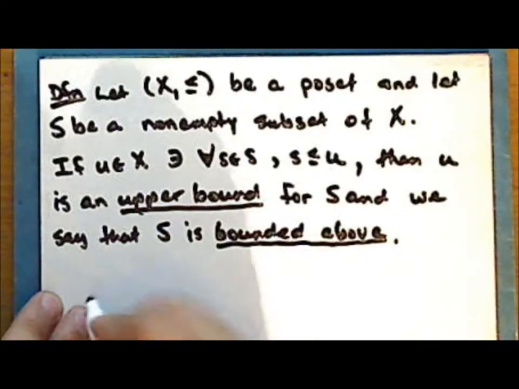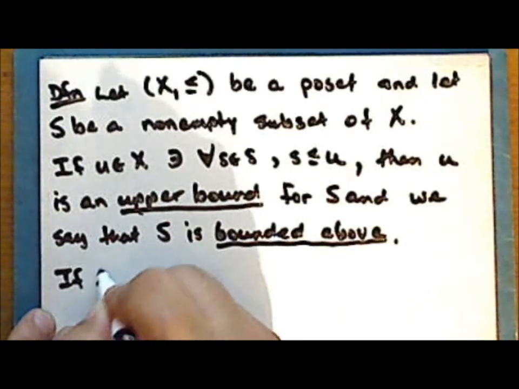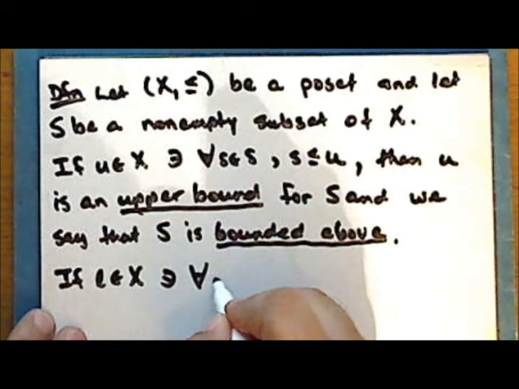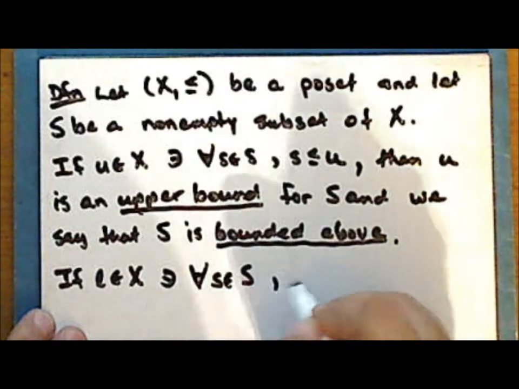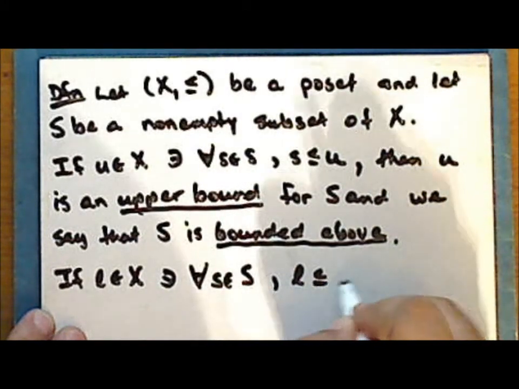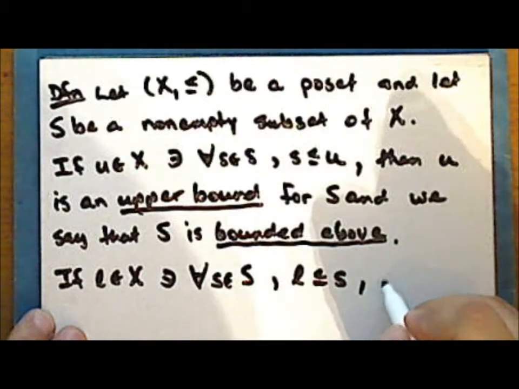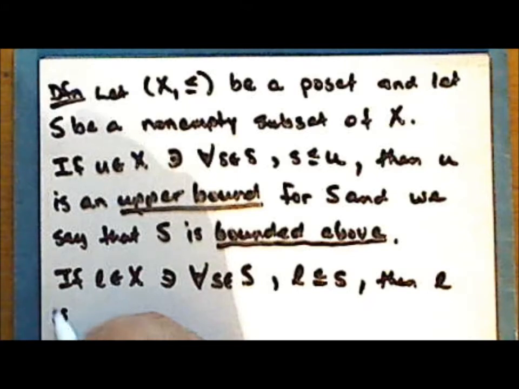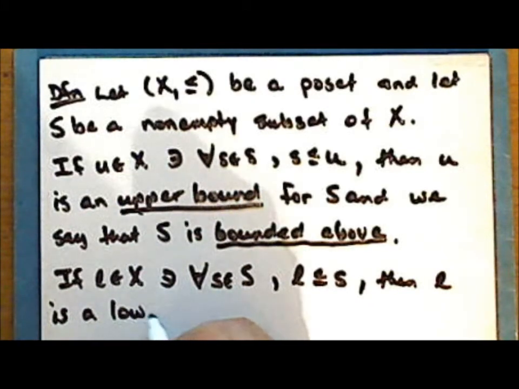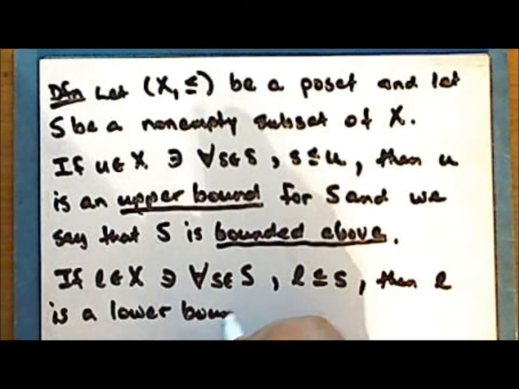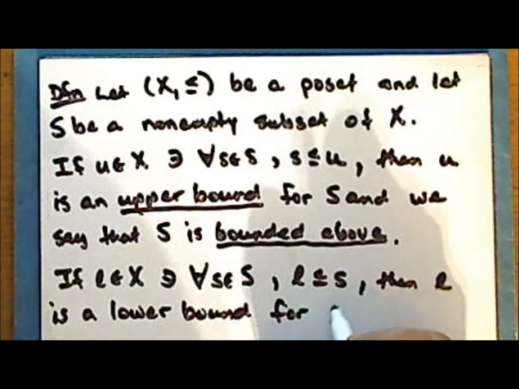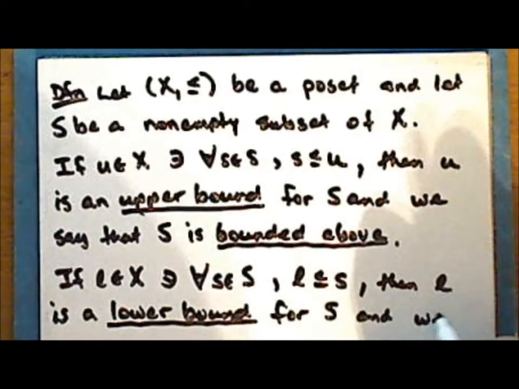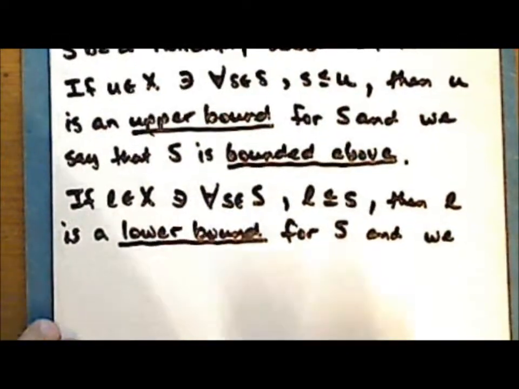And on the other extreme, if there exists an element L in the underlying set X, such that for every element S in the set S, this element L is less than or equal to the elements S in the set S, then this element L is a lower bound for the set S. And we say that S is bounded below.